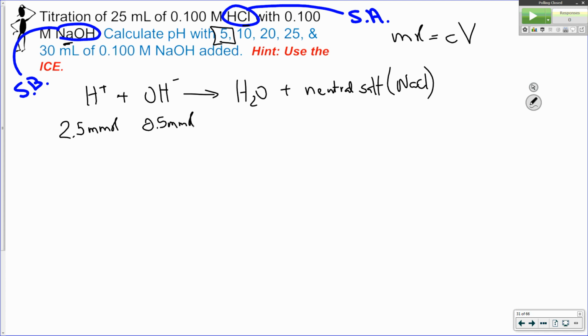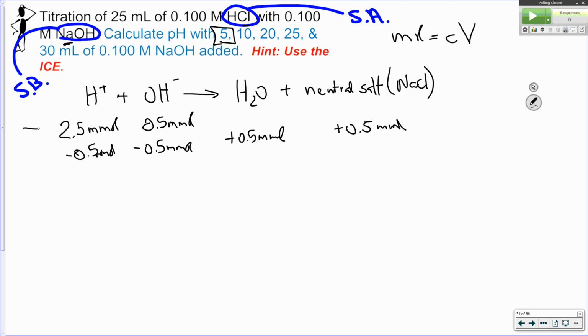So the limiting reagent now is going to be the hydroxide. So I'm going to lose 0.5 millimoles of the hydroxide. I'm going to form 0.5 millimoles of both the salt and water. I'm going to lose 0.5 millimoles of the H+.